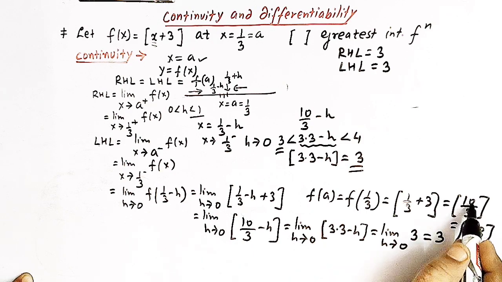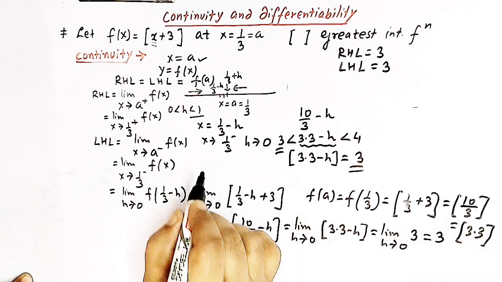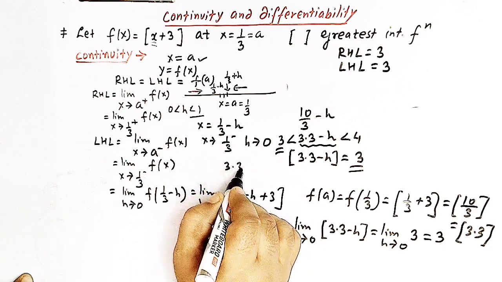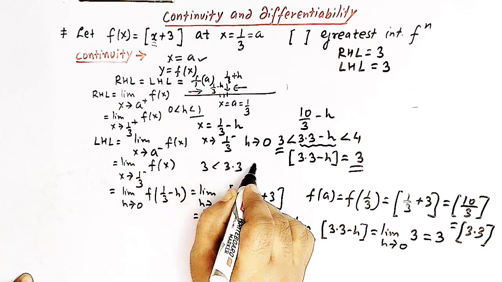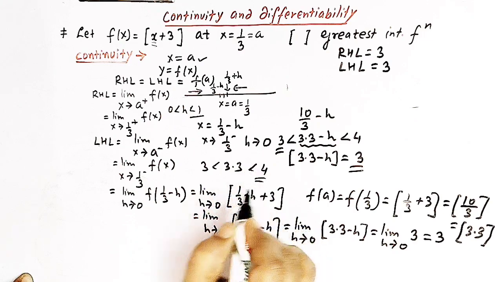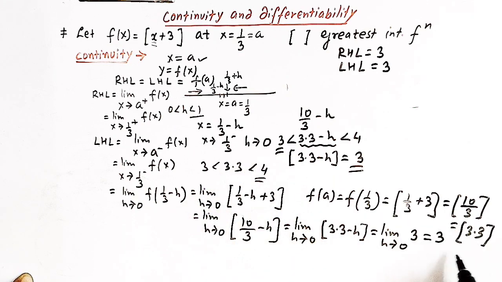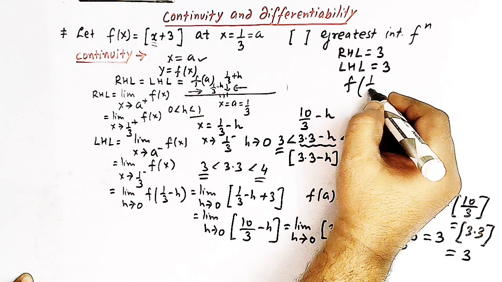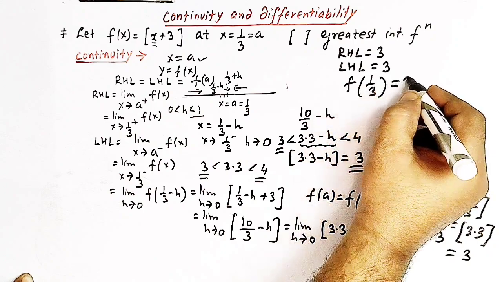So approximately 10 over 3 is 3.3. So again, by the definition of greatest integer function, 3.3 lies between 3 and 4, right? So the greatest integer of 3.3 is equal to 3. So f of 1 over 3 is equal to 3.